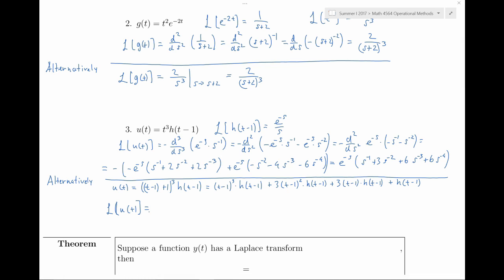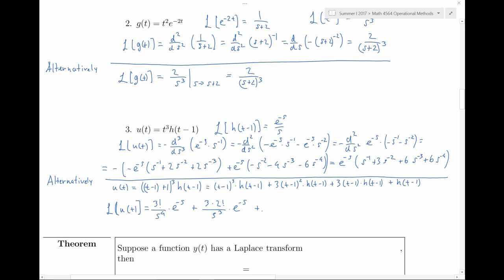The polynomial t cubed has a Laplace transform 3 factorial divided by s to the power 4. Since this function originally was shifted, it has to be multiplied by e to the minus s. The transform of t squared is 2 factorial over s cubed, and again it was shifted, therefore we multiply by e to the minus s.